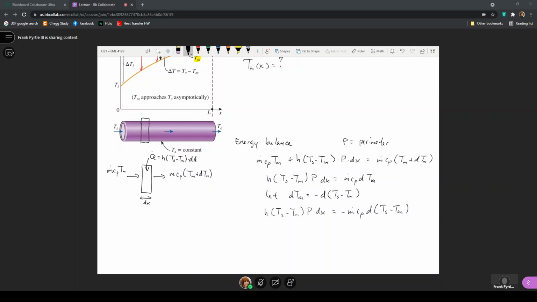So if I group terms so that I have all the temperatures on one side and all of the constants on the other side, then I can write this expression as H times P divided by m dot C sub P, and I'll move the minus sign over to the left side, times dx is equal to 1 over Ts minus Tm, d of Ts minus Tm, like this.